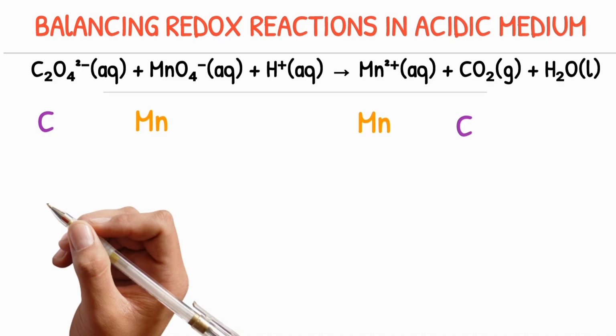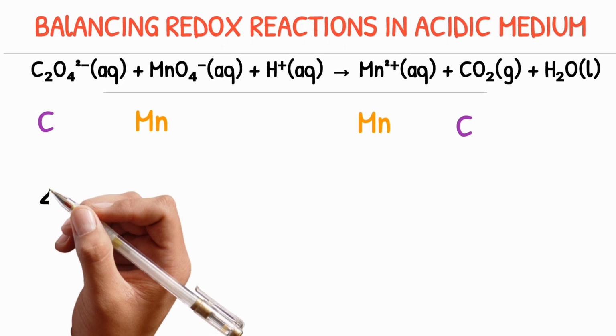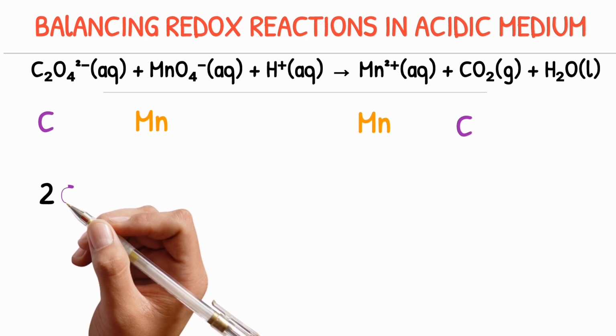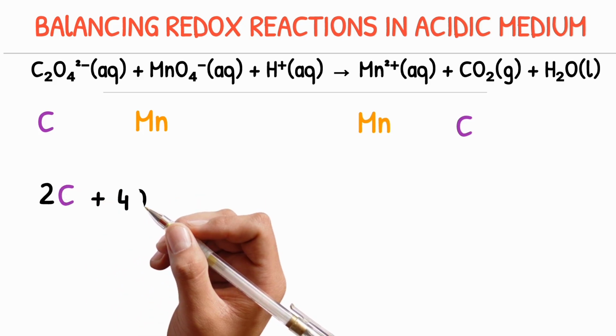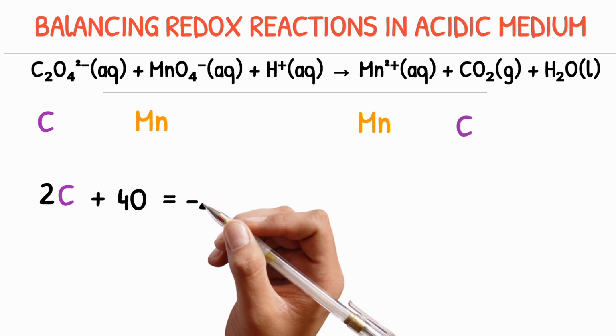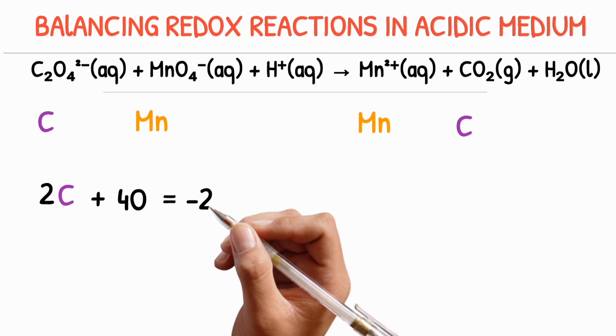So we are going to have our 2C because we have C2. So there are 2 carbon atoms in that compound plus 4 oxygen atoms because we have O4, meaning there are 4 oxygen atoms. And then we are going to equate it to the charge of the polyatomic ion, which is -2.